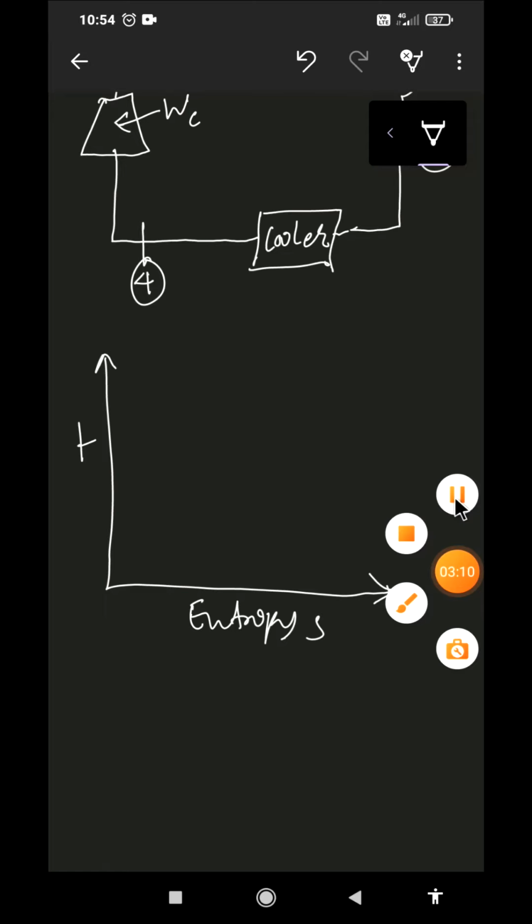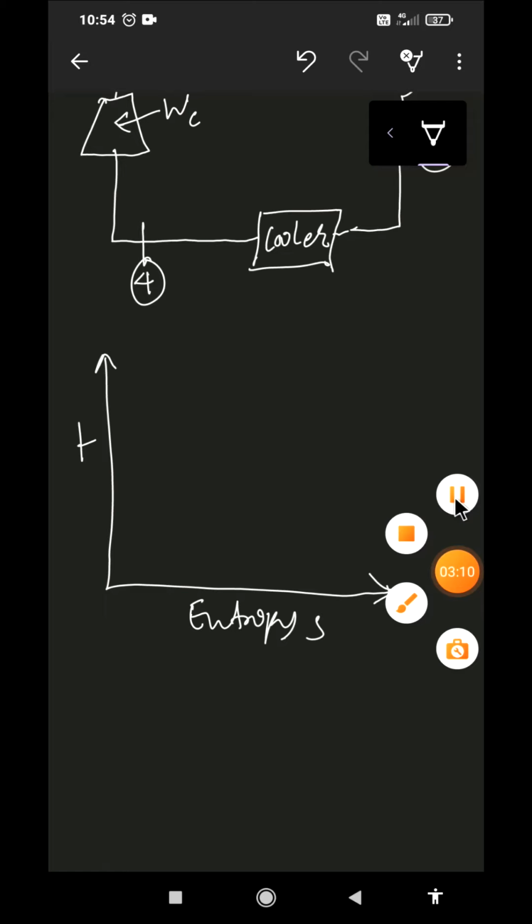Then 2 to 3 is power generation, so temperature reduces at constant entropy. Then 3 to 4 is a cooling process, where heat is rejected. And 4 to 1 is the compressor process, so the temperature increases. So this is 1, 2, 3, 4.